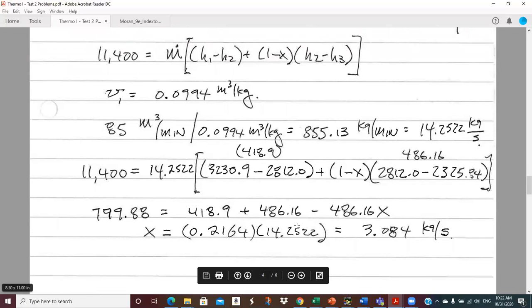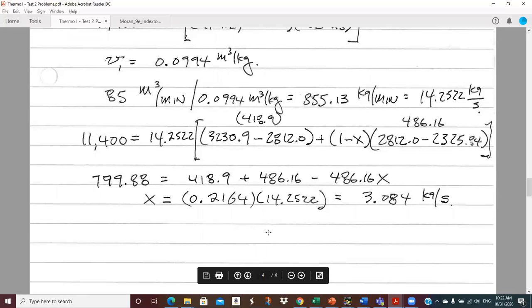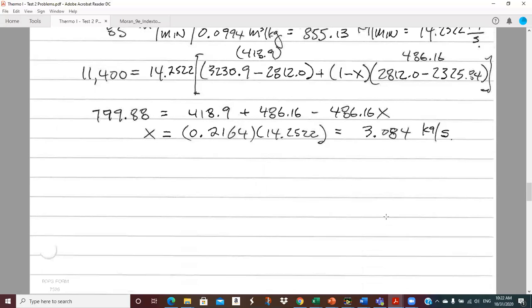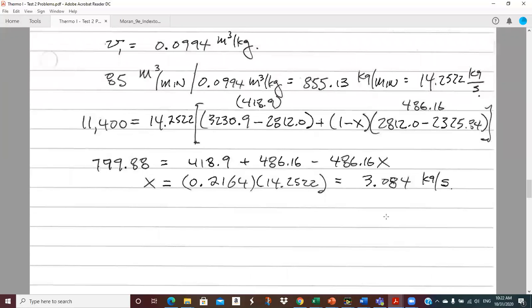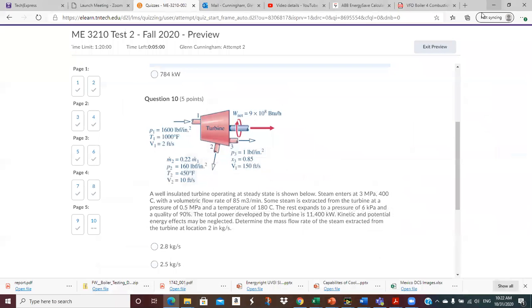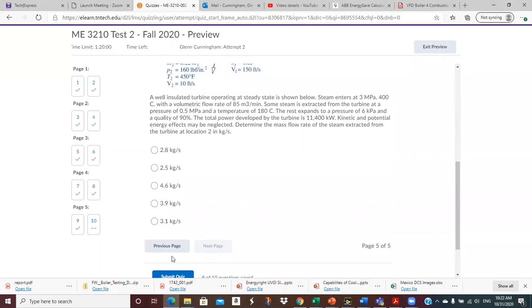So I'm just doing a little bit of algebra here, solving for X, which is the fraction that is extracted of the total. And so X came out to be 0.2164 times the 14.2522, which is 3.084 for the extraction. So about 3.1 kilograms per second.